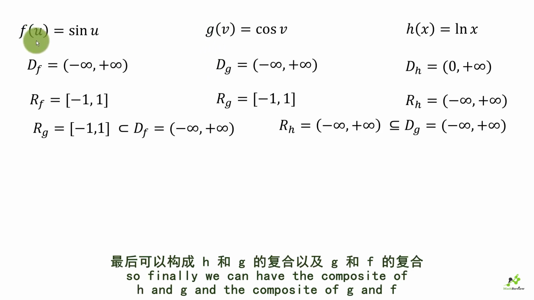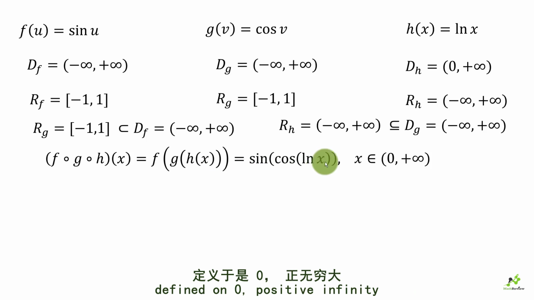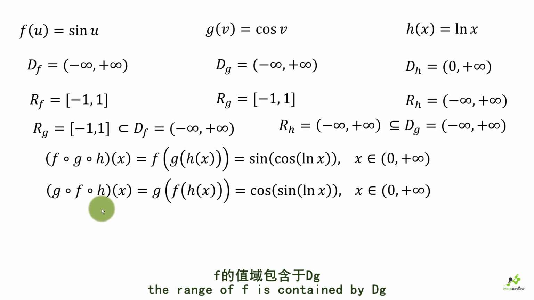So finally, we can have the composite of h and g and the composite of g and f. That is, f of g of h of x equals sine of cosine of ln of x, defined on (0, positive infinity). We can also have this. The range of f is contained by dg.